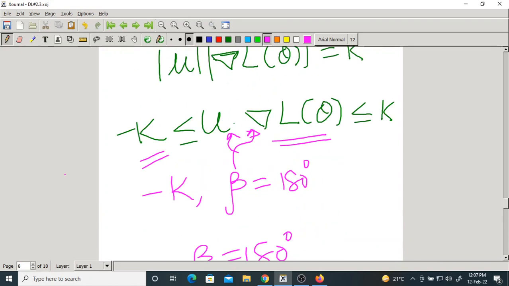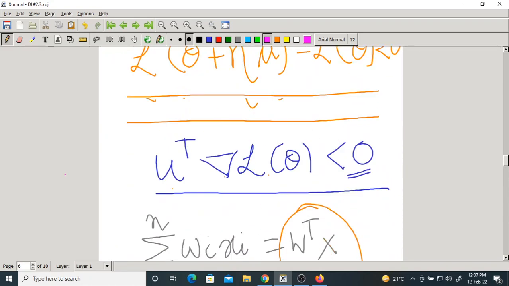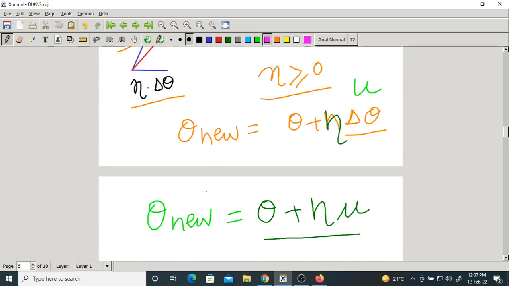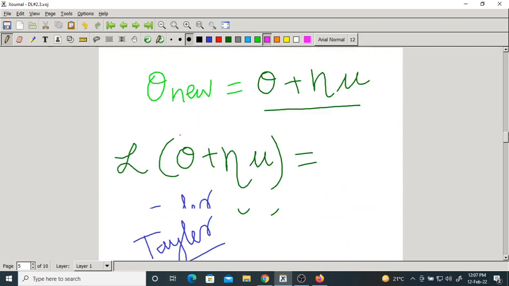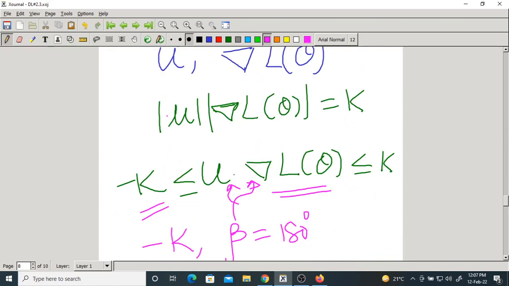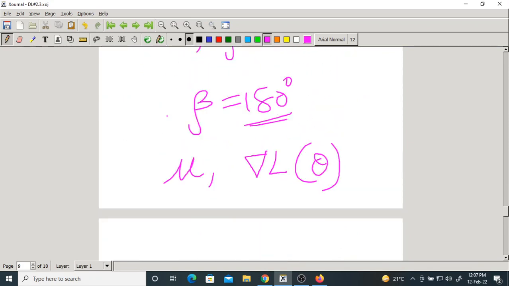Otherwise, what is u? It is delta of theta. So the delta of theta should be in the opposite direction of the gradient. Instead of u, you can say delta of theta.